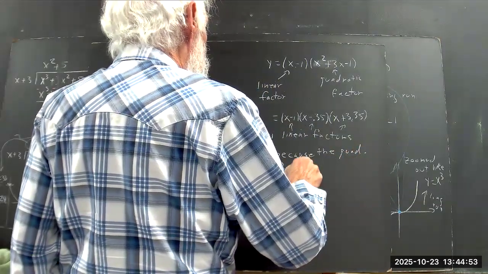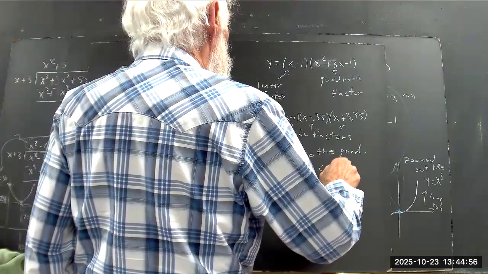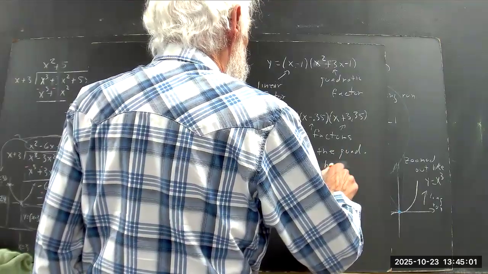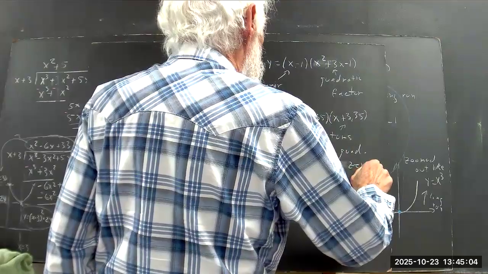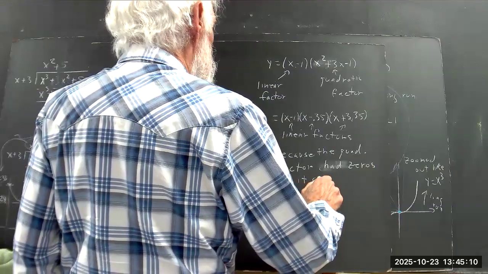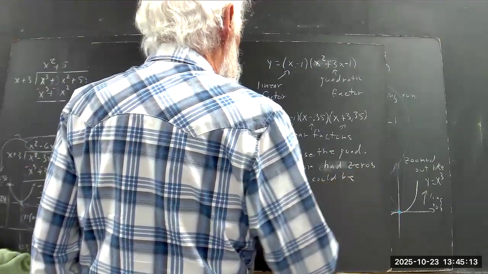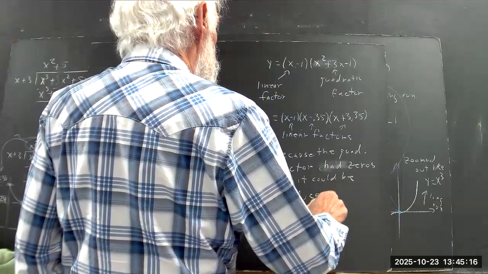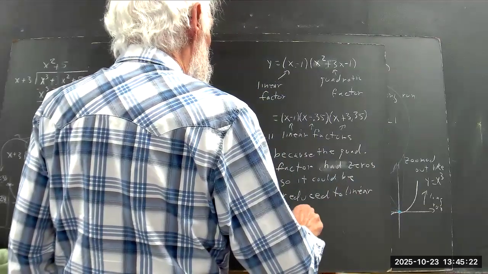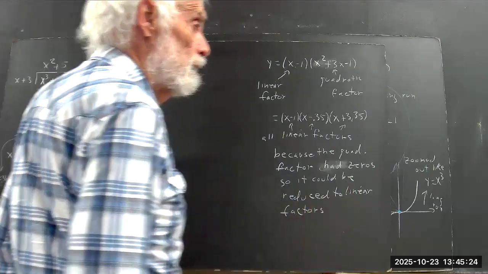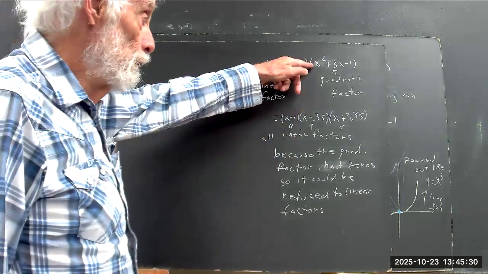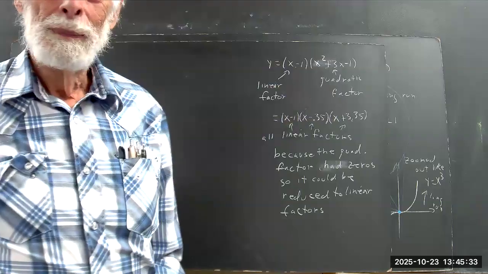Because a quadratic factor had zeros, that could be reduced by finding the zeros. We reduce this approximately to this.